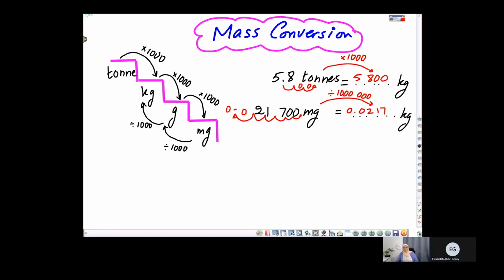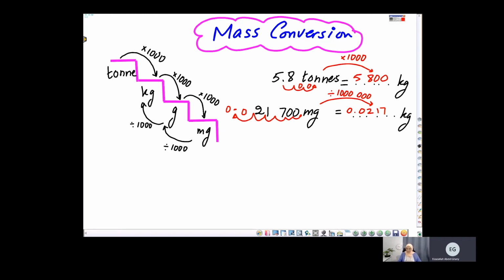Yes, 21,700 milligrams. When you divide it by 1,000, does it make sense to be 0.0217? Yes, it does. We count 6 places. When you divide, the value gets smaller. 1, 2, 3, 4, 5, 6, and you put the 0, and there is an extra 0 before the 2.